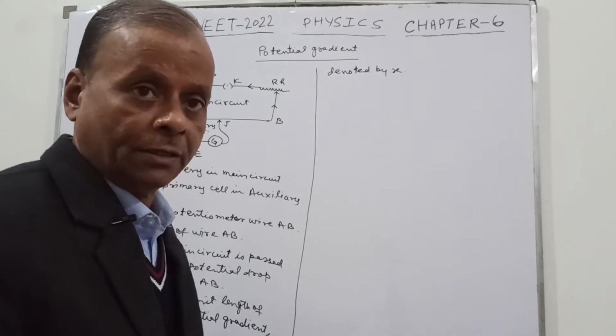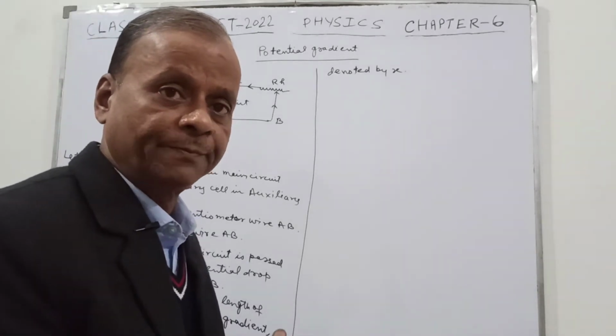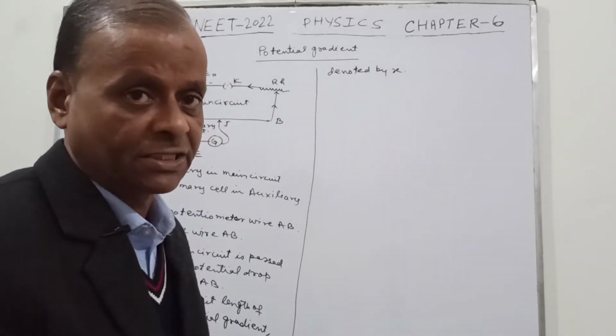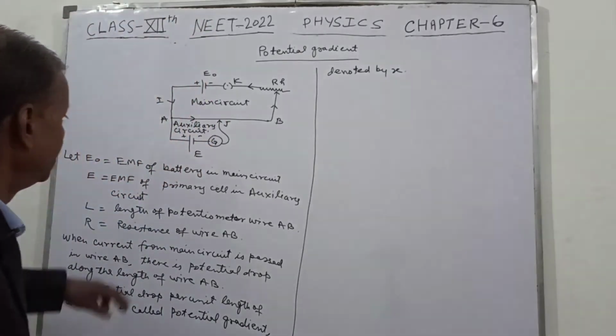The EMF of the cell divided by the resistance of the wire.